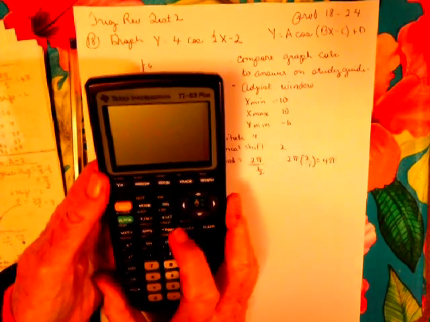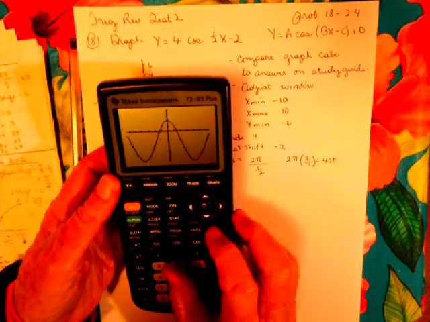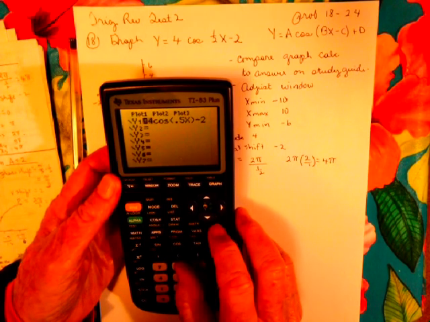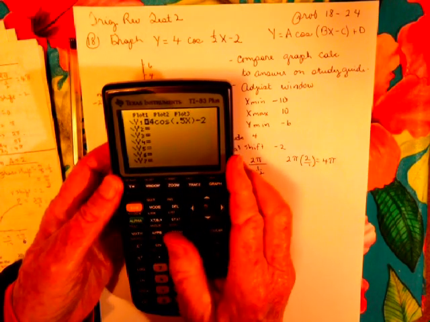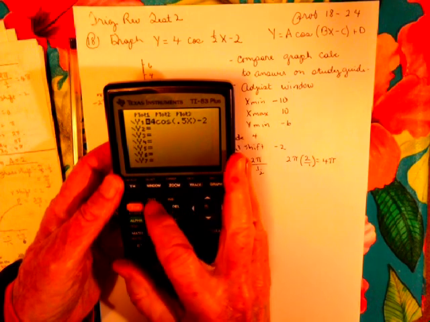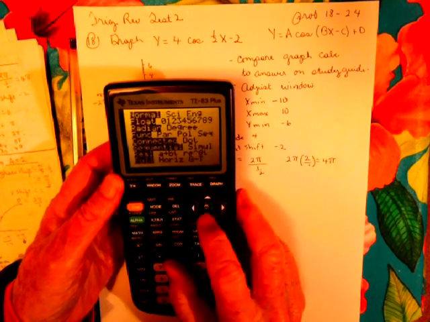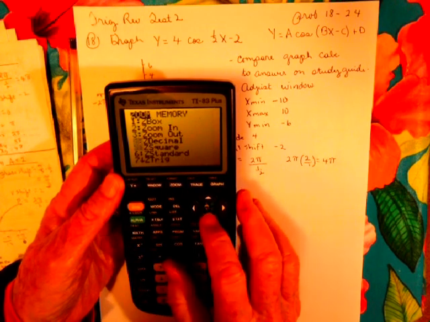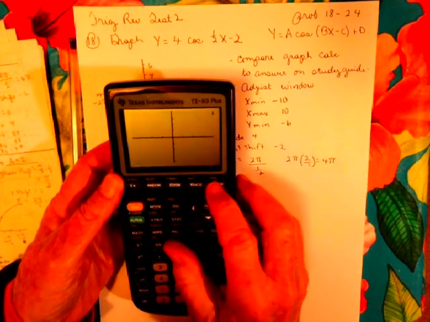If not, then turn on your calculator, go y equals, put that equation in your calculator. Be sure that the mode is set to radians. Be sure that zoom is set to trig, and graph.